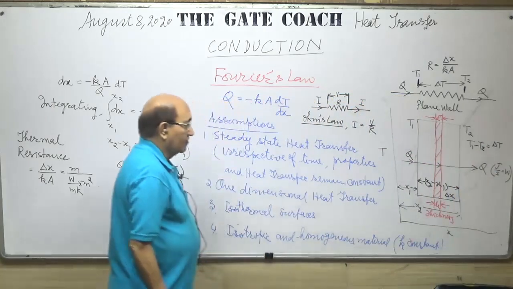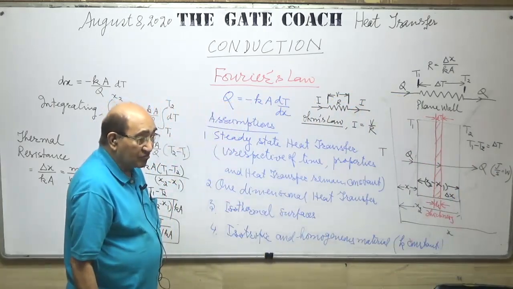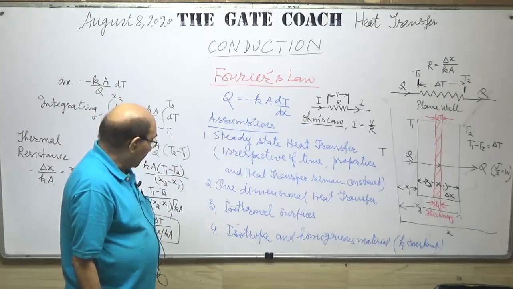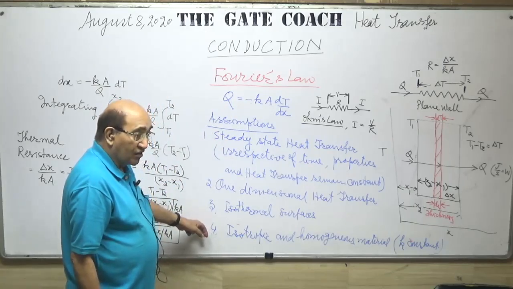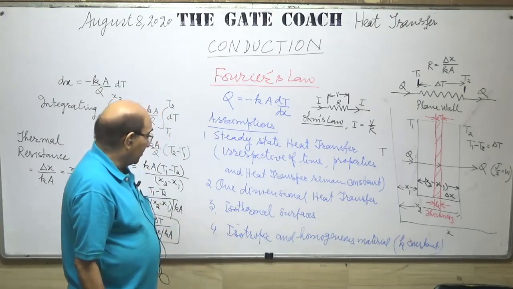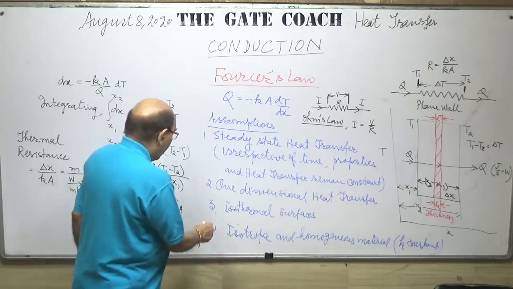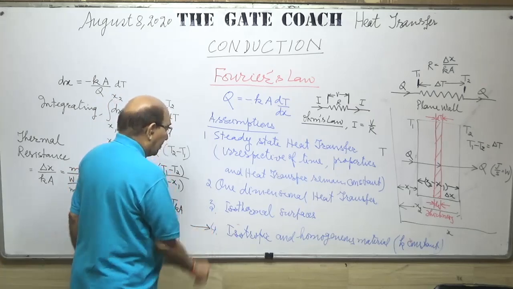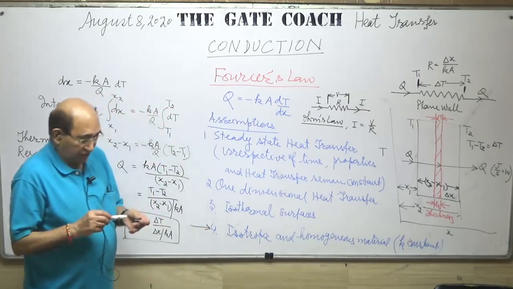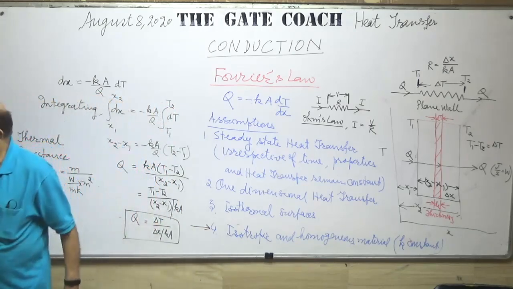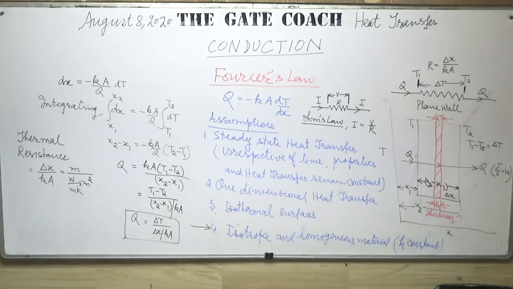Sir, please repeat third and fourth assumptions. Isotropic and homogeneous. This material is having the thermal conductivity which is the same in all the three directions.